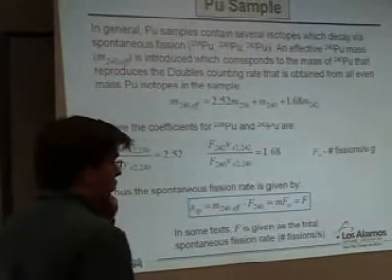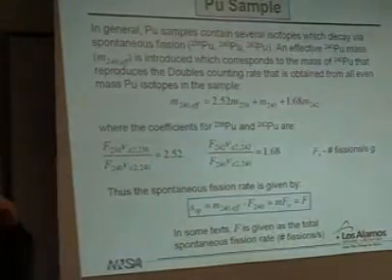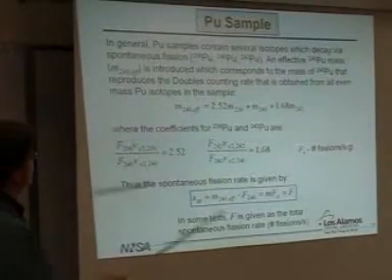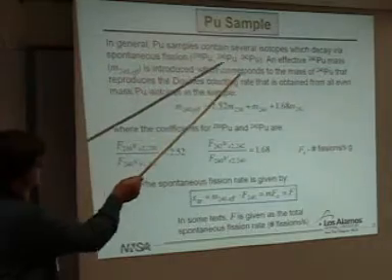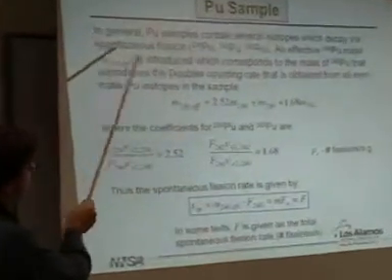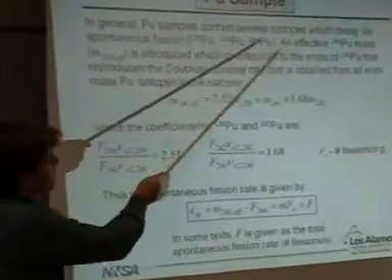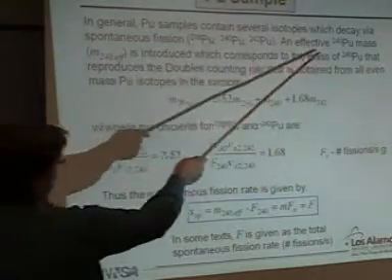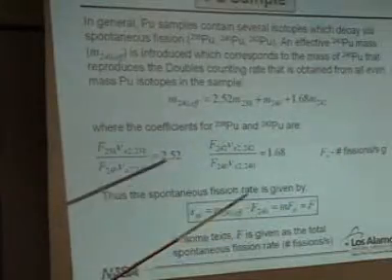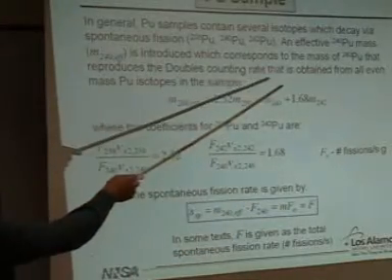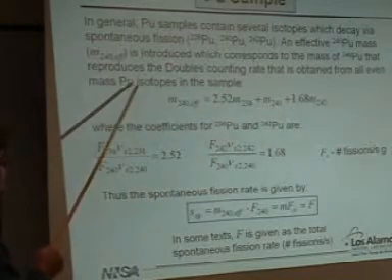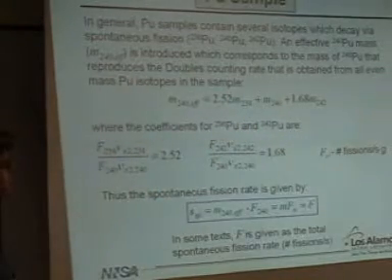What we're interested in is plutonium, mostly. We can also do uranium, but let's just take a plutonium sample, a sample with special nuclear material. Plutonium samples generally contain several isotopes which decay via spontaneous fission, mostly the even isotopes. To account for this, we create an effective plutonium-240 mass, which corresponds to the mass of plutonium-240 that reproduces the doubles counting rate obtained from all the even mass plutonium isotopes in the sample.